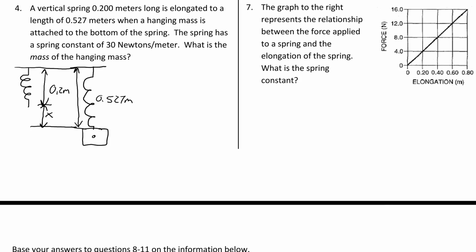Anyway, if you wanted to write some kind of equation, you could say the distance is equal to the final distance of the spring minus the initial distance. So x is equal to, no, I guess it would be the initial minus the final.